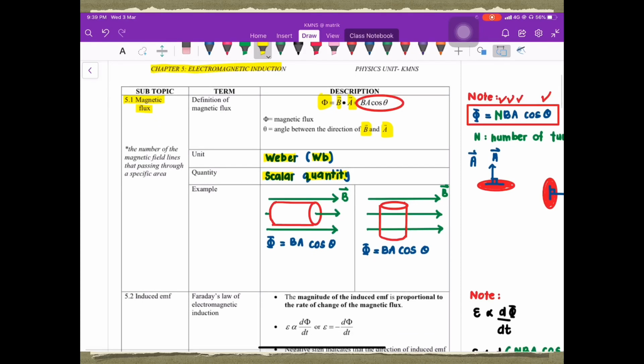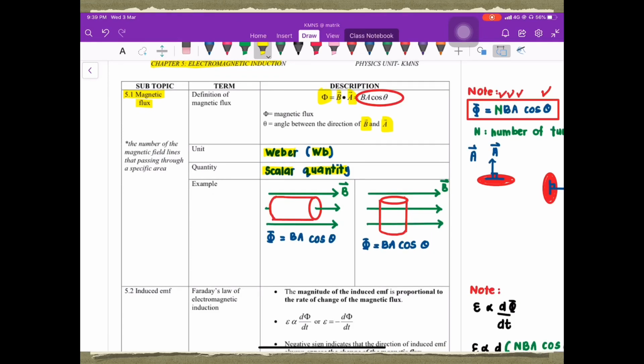Refer to the two examples here. We want to determine the magnetic flux. The green color here is your magnetic field.